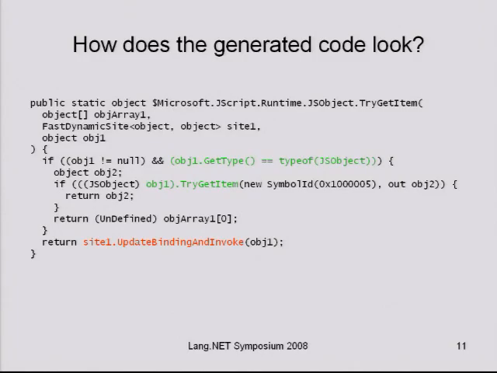When this gets invoked, the action binder initiates rule generation afresh and then updates the site based on the newly generated code for the rule. So this is how the generated code looks for the rule that we have.